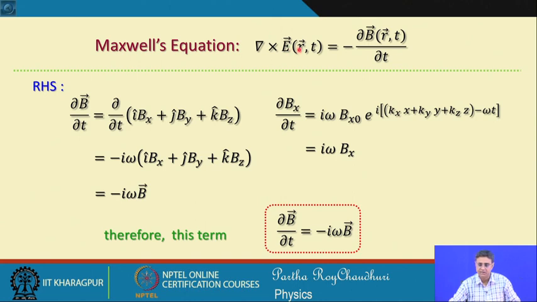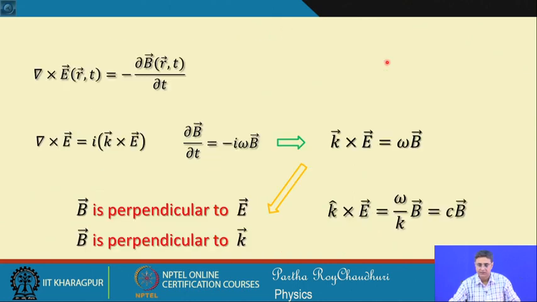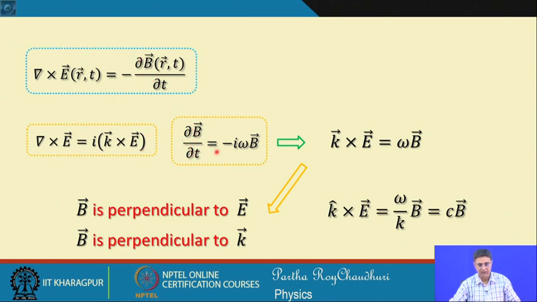Now, we have a ready expression for del cross E as well as del B del t. If we put them together, del cross E has given us i k cross E, and del B del t is equal to i omega B, with the minus sign from Faraday's law.